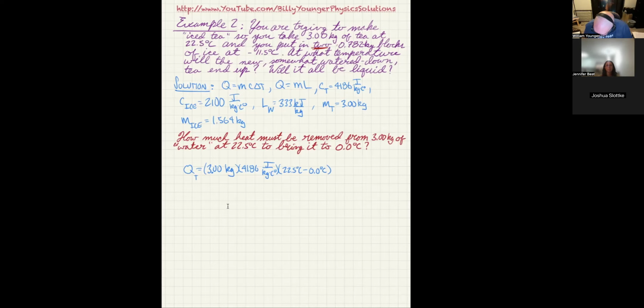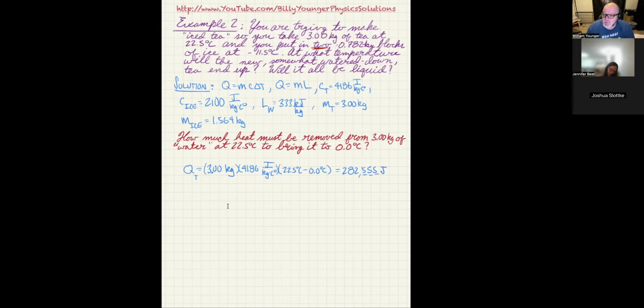I'm going to say 3 times 4186 times 22.5, and that should all be to 3 sig figs. And this gives me, in fact, 282,555 joules. And I want to remind everybody that these last three fives are not significant figures.